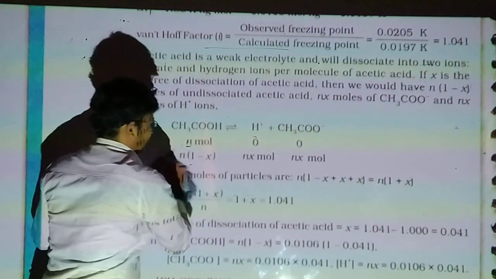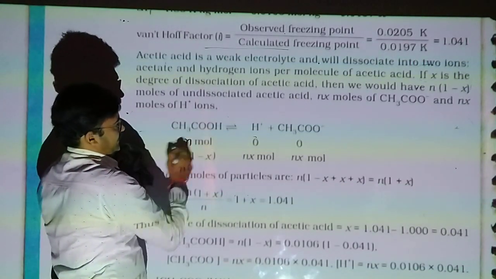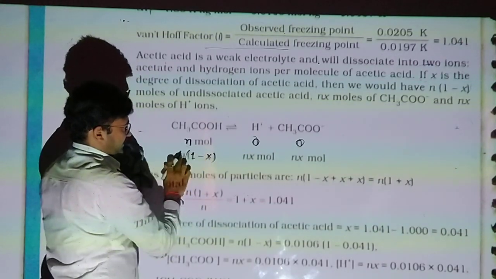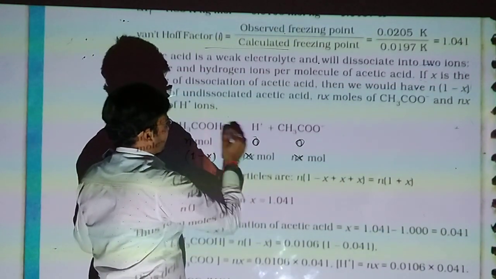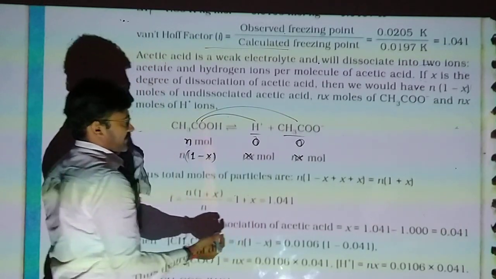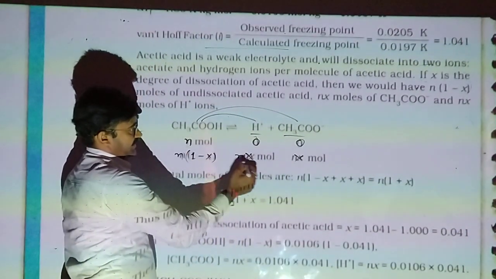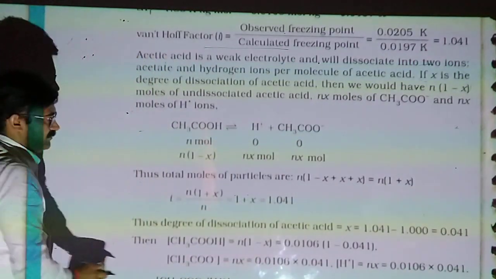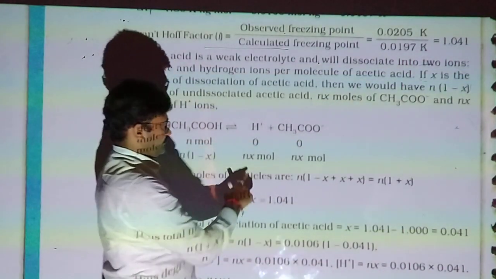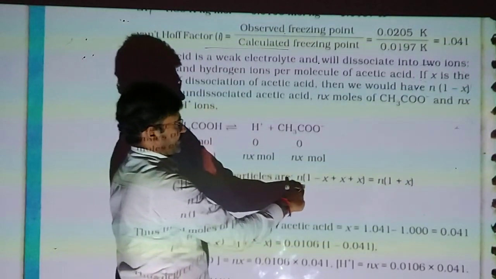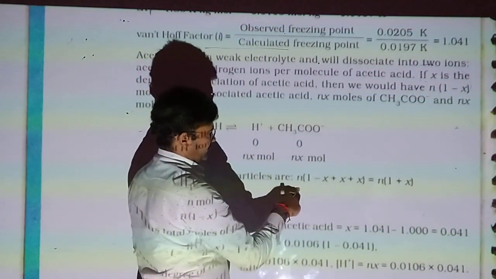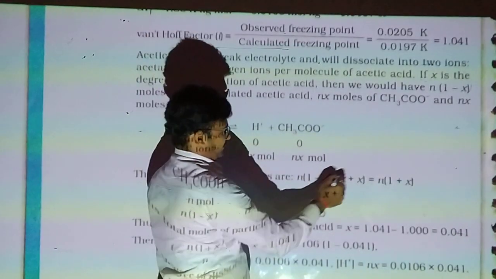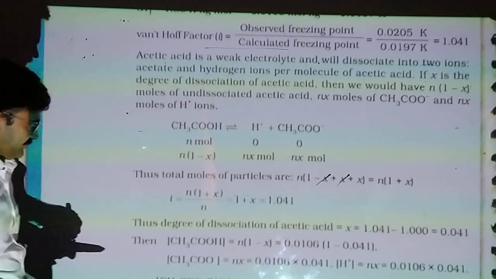Equilibrium chapter. This one is n mole, so here 0, 0. 1 minus x part dissociates, so nx, nx. So total moles at equilibrium: n into 1 minus x plus nx. n is already taken common, so 1 minus x plus x plus x, so n into 1 plus x.